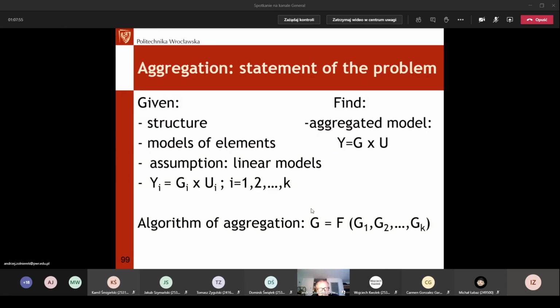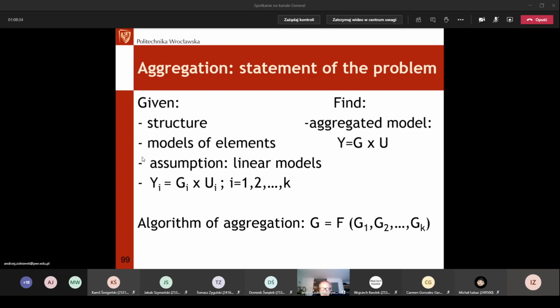and for you. So we deal with linear models only, and this aggregation algorithm means finding the relation. You can see just here a relation in which we should find a certain function of multi-dimensional background.